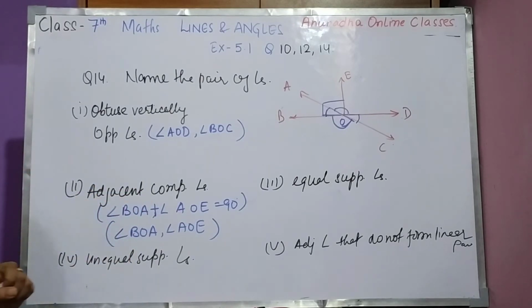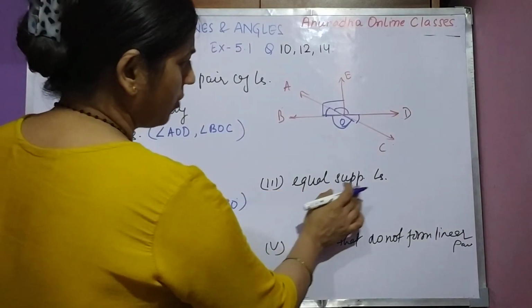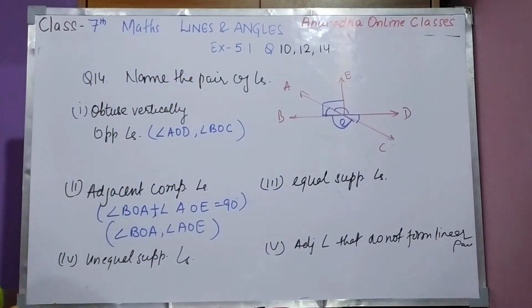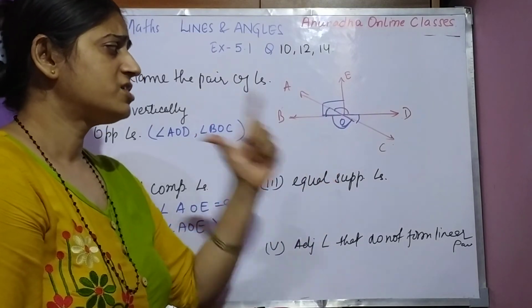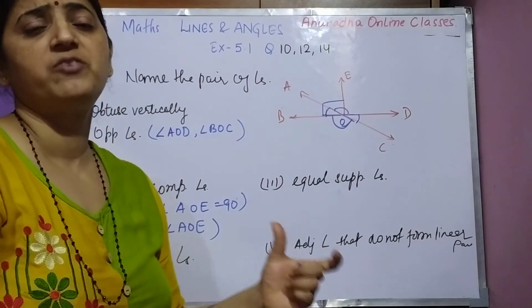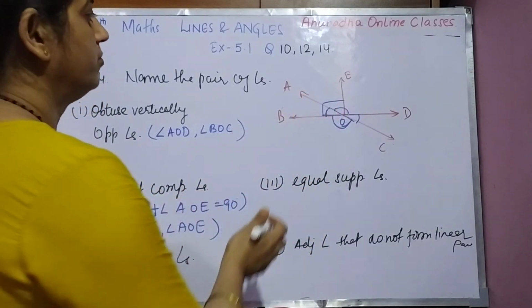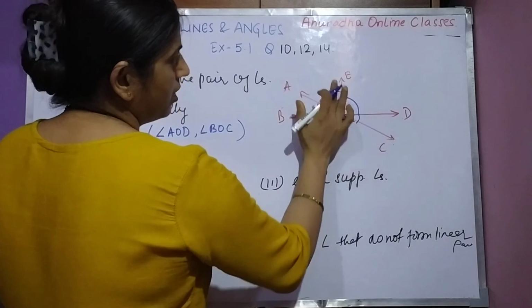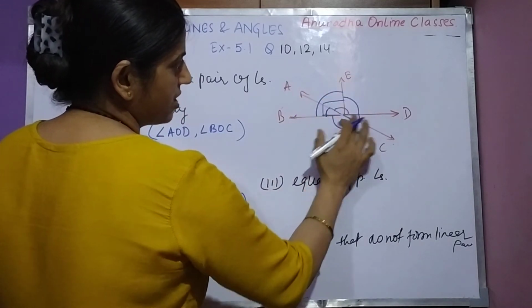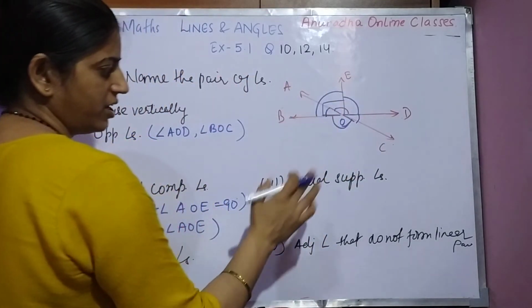Now next is equal supplementary angles. Supplementary angles means the sum of the angles should be 180 degree. Now see here, if we take this one and this one, means this angle and this angle, 90 plus 90 is 180. What they are saying?